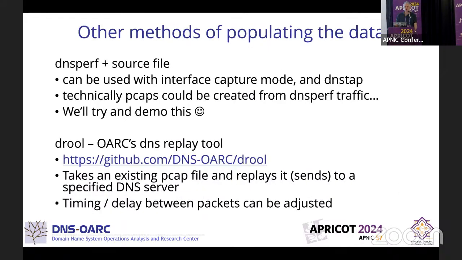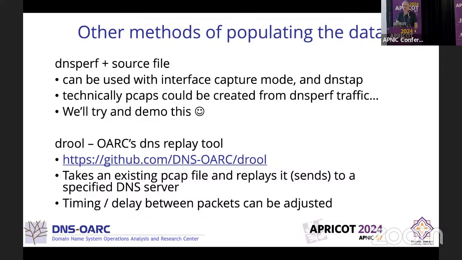Other methods of populating the data, by the way: one of them is to use DNS perf. If you're trying to do some benchmarking, I don't know if you know about DNS perf, but it's in Python. It's not a super DDoS type tool. It tries to match its throughput to what the server is able to reply. It's more for benchmarking. If you want to really see if a server is going to break, there's something else, KP something.